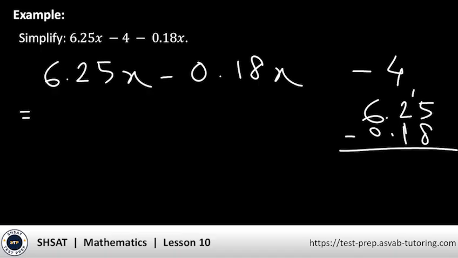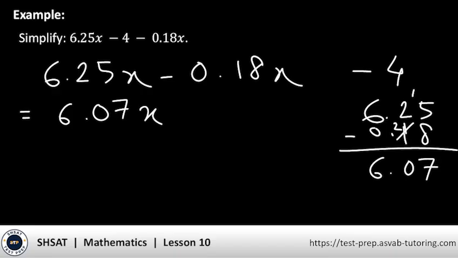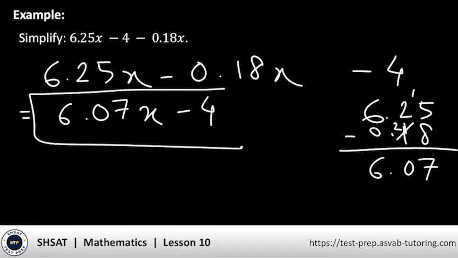So you take 5 as 15, so 15 minus 8 is 7. Then you add 1 to the 1 here, so that becomes 2. 2 minus 1 is 1... put the decimal, 6 minus 0 is 6. So that's just 6.07. You have an x for sure, and we just put the minus 4 to the right. That is your final expression.